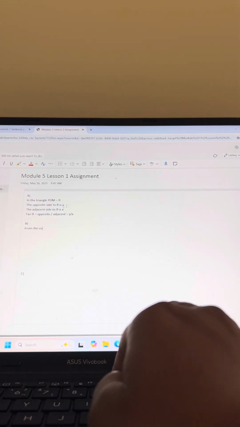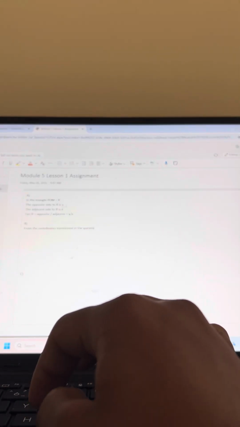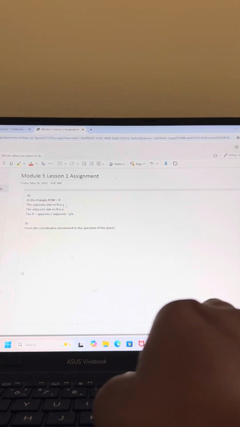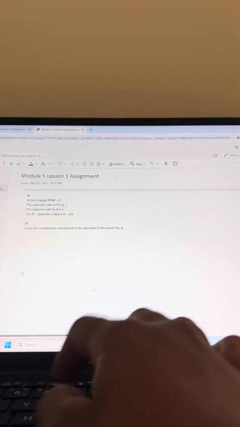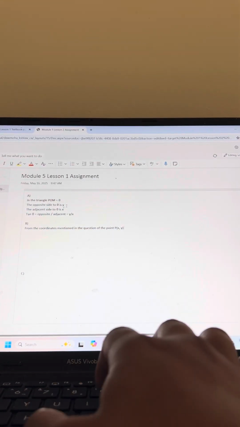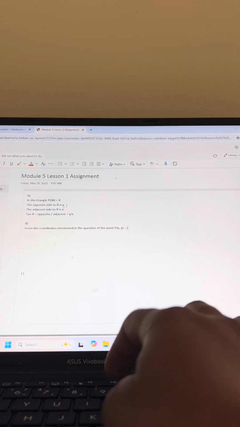From the coordinates mentioned in the question, of the point P, x, y, this is going to equal cosine theta, sine theta.